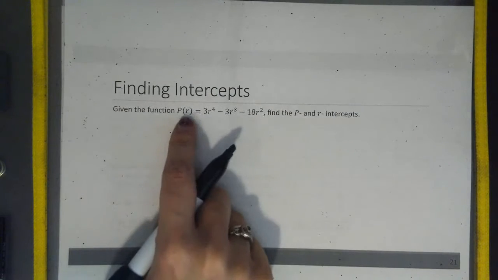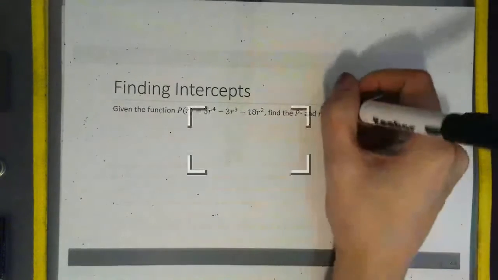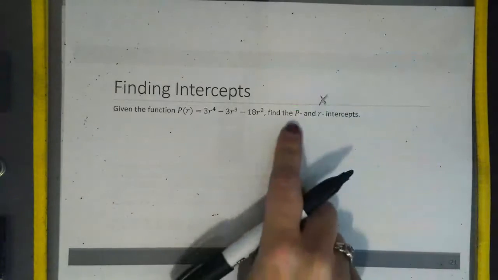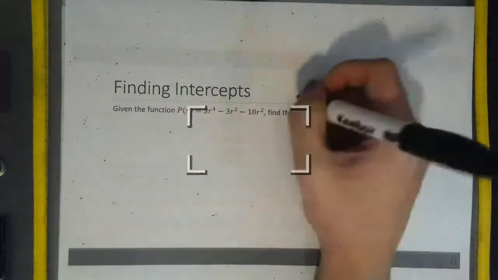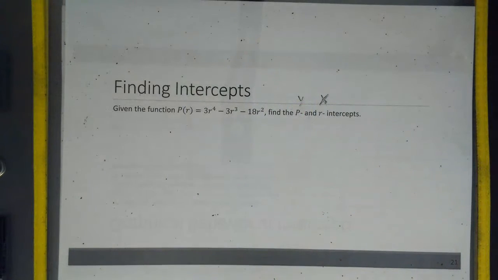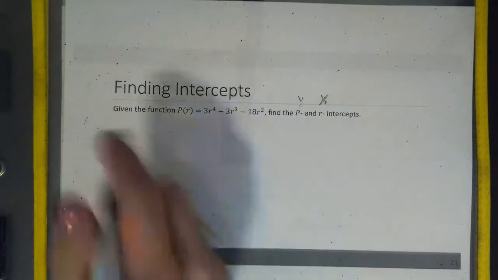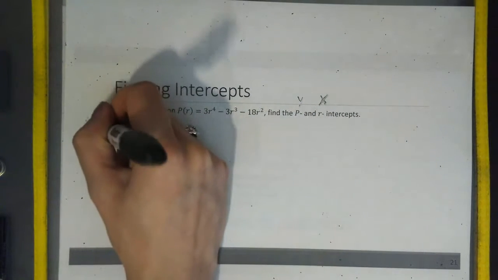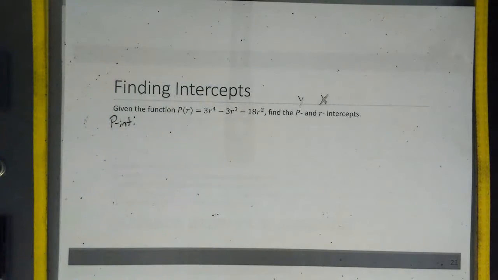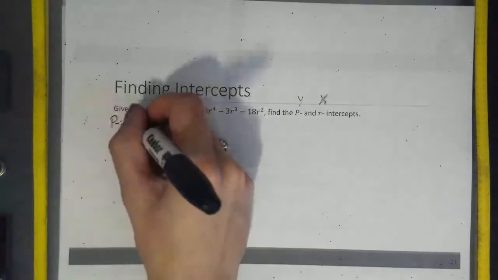Notice that the r is our input value. It's in place of where x normally is. That means p, which is on the other side, represents what y normally does. Well, to find a y-intercept, or in this case a p-intercept, we let the other variable, typically x, but in this case r, be equal to 0.